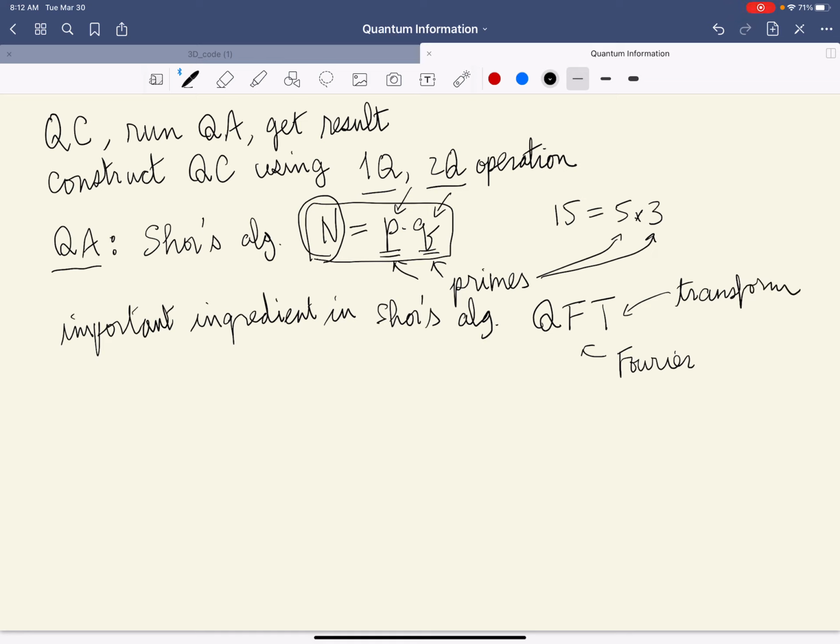And of course, everyone knows what Fourier transform is. The adjective quantum doesn't really add a whole lot of new mathematics to it. It is there mainly because the algorithm of quantum Fourier transform is supposed to run on the quantum computer. I will explain that in a minute.